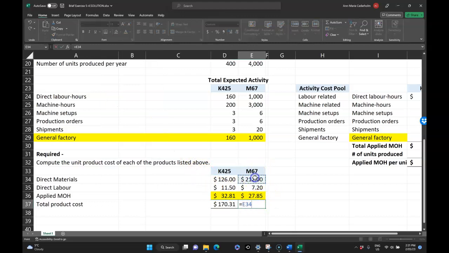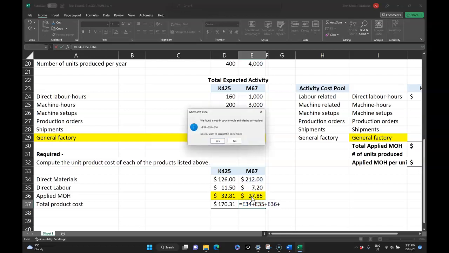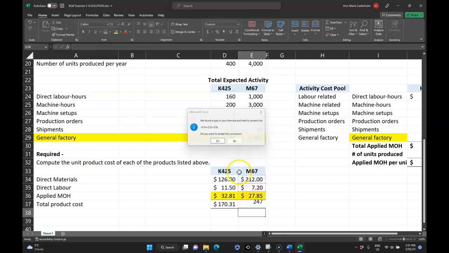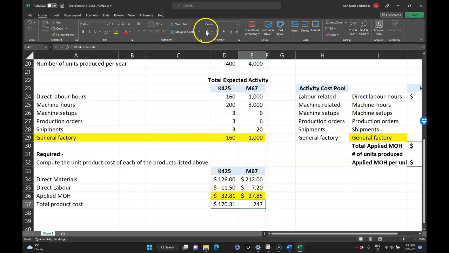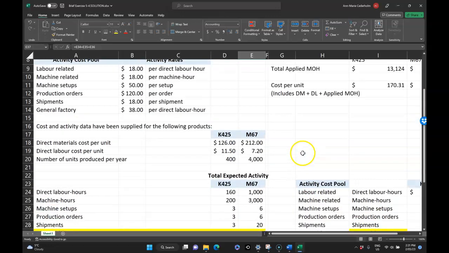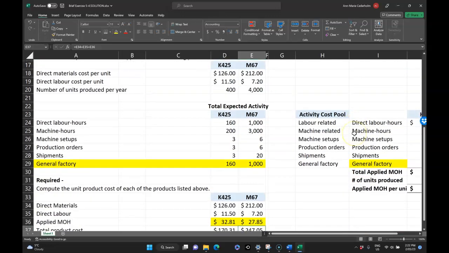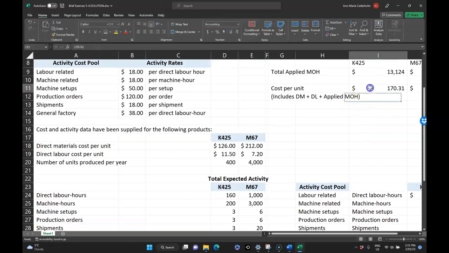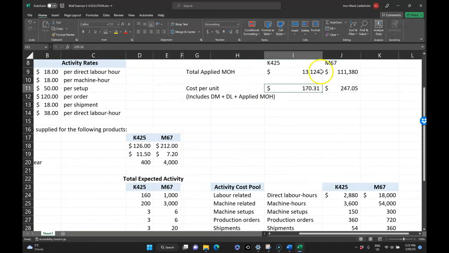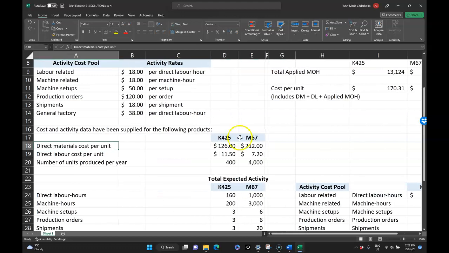And if I add these ones up, direct materials plus direct labor plus manufacturing overhead, oh, too many pluses, I get 247.05 for the product cost. And let's just double check them to my check figures. 170.31 and 247.05. So those are correct.